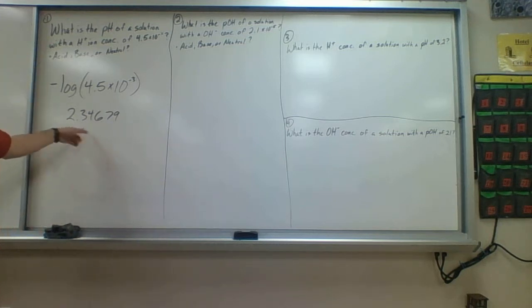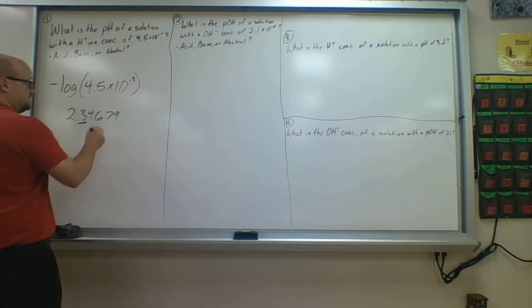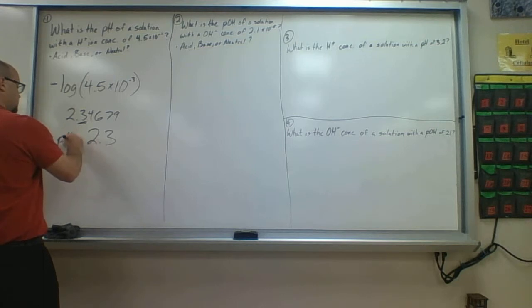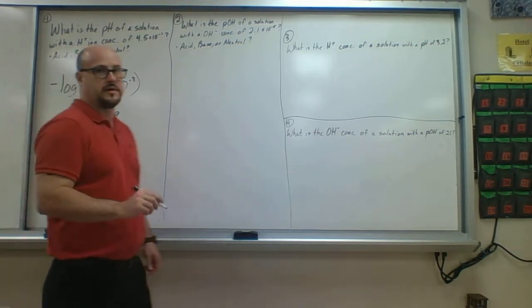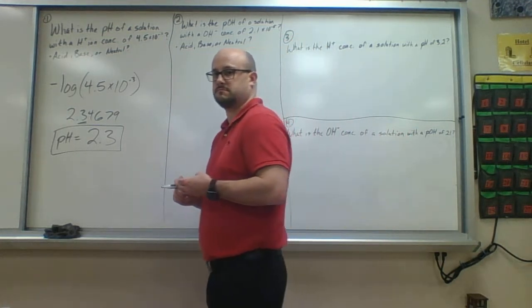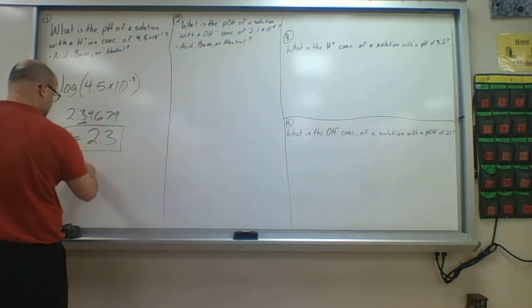We're going to round to 1 decimal place. That's going to round to 2.3 for our pH. Now, is 2.3 an acid, a base, or a neutral? Hopefully we know by now it's a very strong acid.